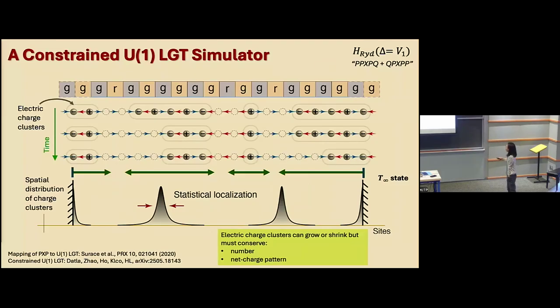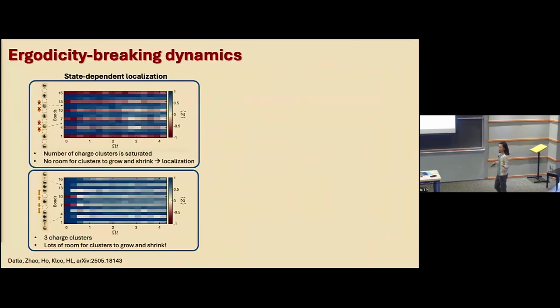And what we observe experimentally, here's just a cartoon first to illustrate, is that when you track the center of masses of these electric charge clusters, you'll find that the spatial distribution is statistically localized. Okay, so that's actually what we track. And we do this with a uniform measure over all the states, so it's the infinite temperature state that we work with.